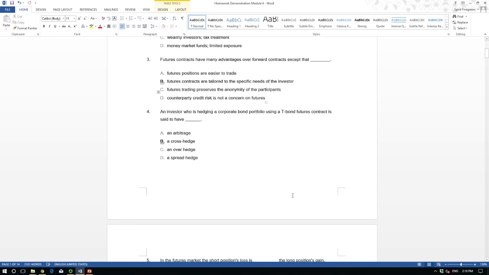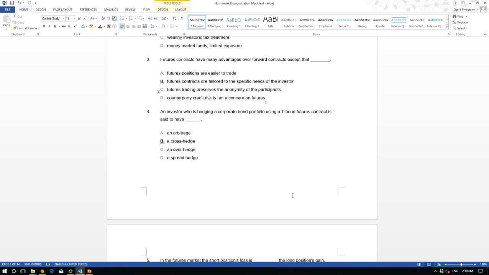Number 4, an investor who is hedging a corporate bond portfolio using T-bond futures contracts is said to have what? And here, the hedge requires the investor to take long and short positions simultaneously, right, in two different securities. But here, the underlying assets are different.